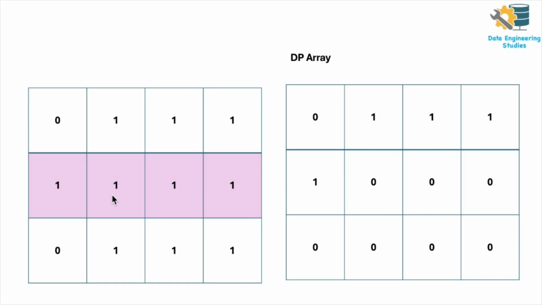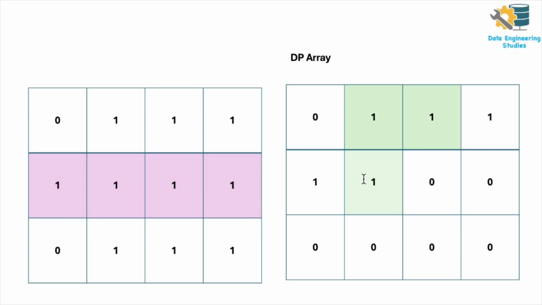From the next cell, if there is a 1, we will check all 3 sides in the DP array. We will check the left side, diagonal, and top, and we will take the minimum of all 3 plus 1. So 1 plus 0 equals 1. We will move on to the next cell. Our next cell is also 1.